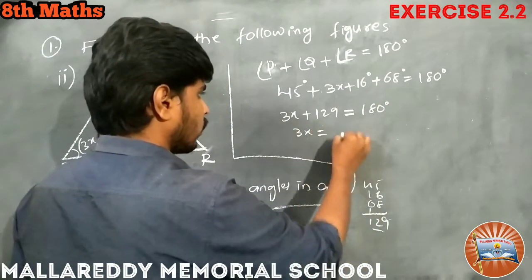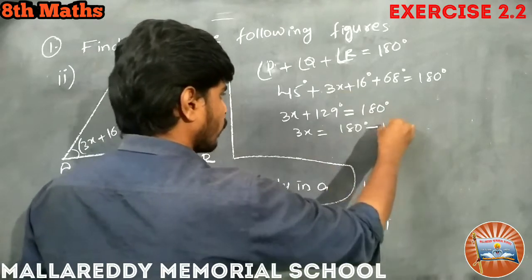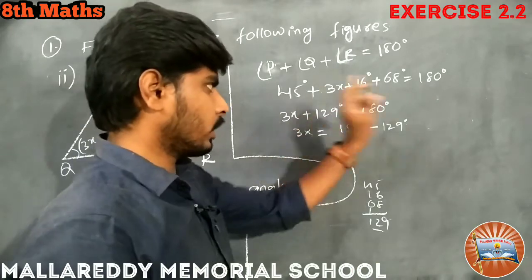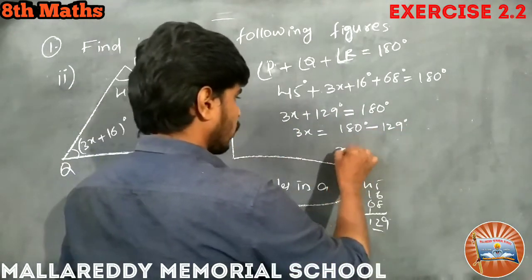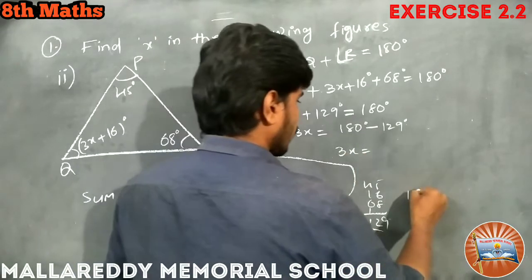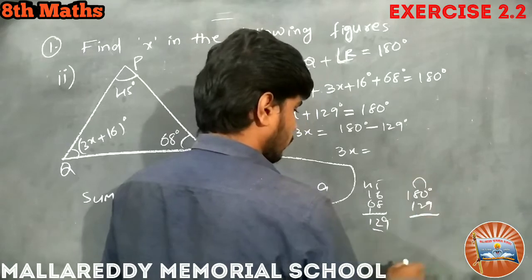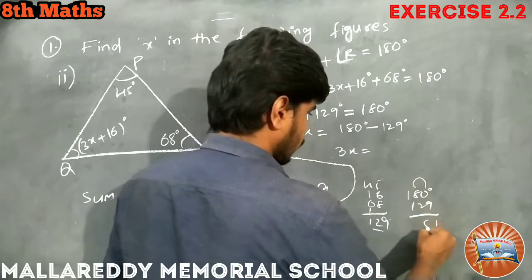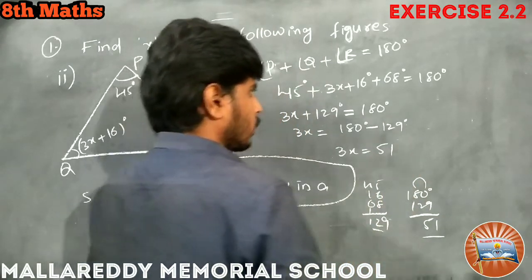So 3x is equal to 180 degrees minus 129 degrees. This 129 transposing to the RHS becomes negative. Now 3x is equal to 180 minus 129. Borrow from here, 10 minus 9 is 1, and 7 minus 2 is 5. 51, right?